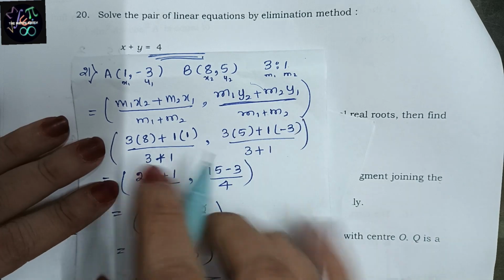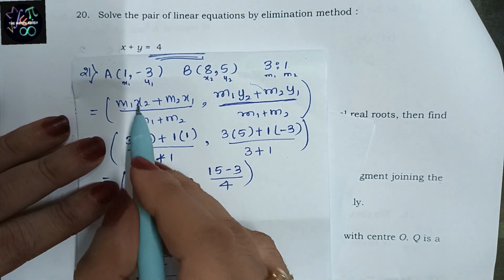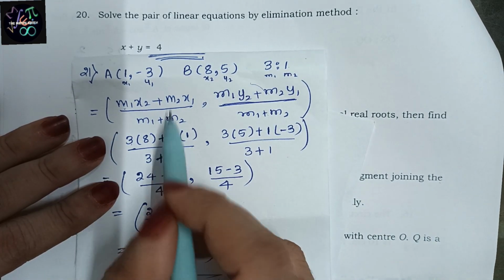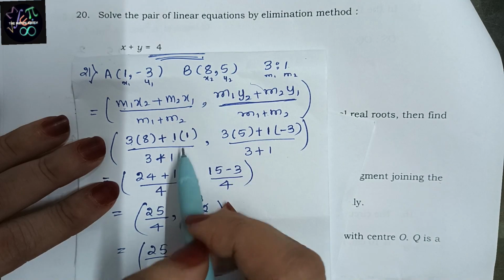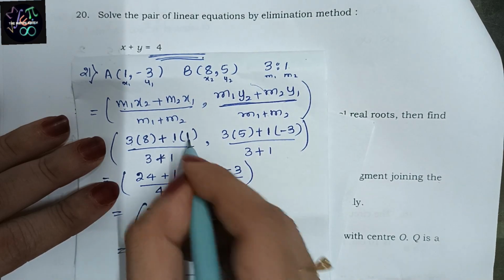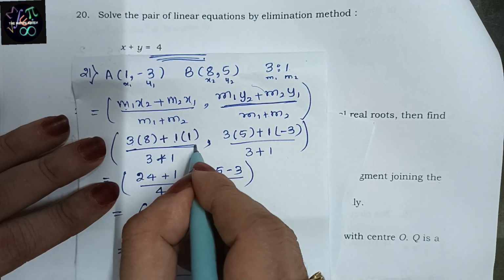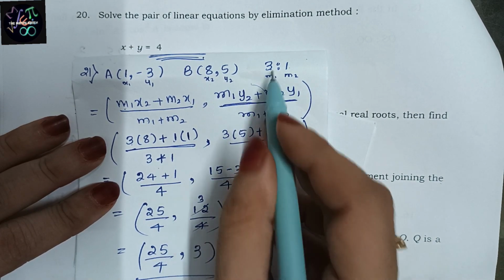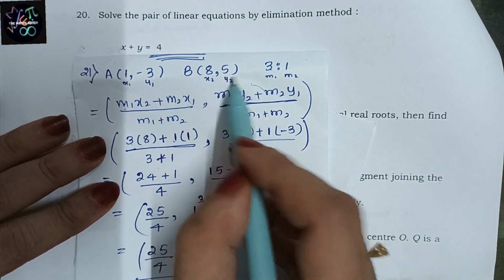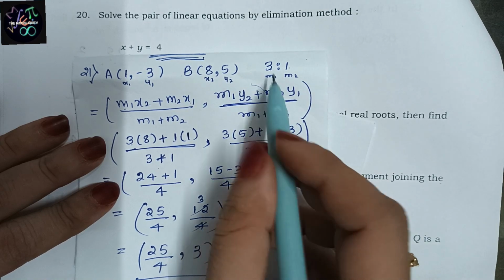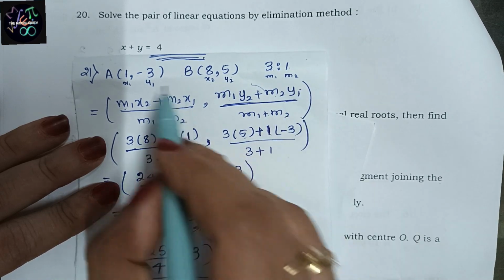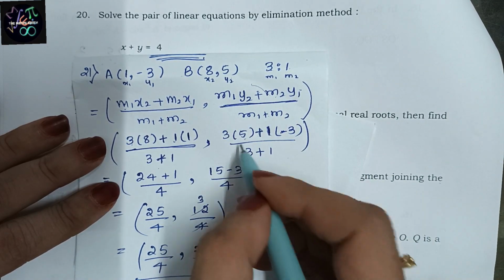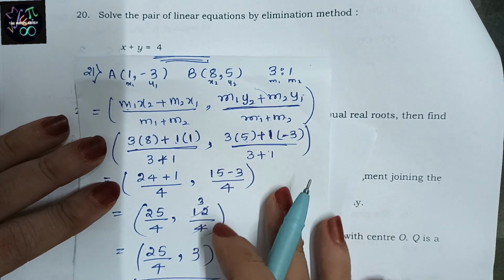Let us place the values now. m1 is 3, x2 is 8, plus sign as it is, m2 is 1 and x1 also 1, upon m1 plus m2, 3 plus 1, comma, m1 is 3, y2 is 5, plus as it is, m2 is 1, y1 is minus 3, upon m1 plus m2, 3 plus 1.